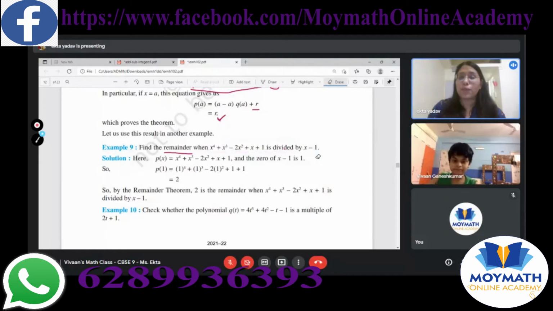So what will be the a in this question? 1. So what you need to find is p(1). Put x as 1 in this polynomial and you will find the remainder.